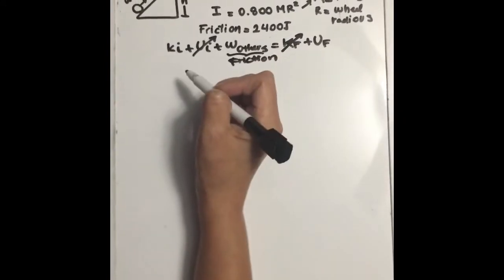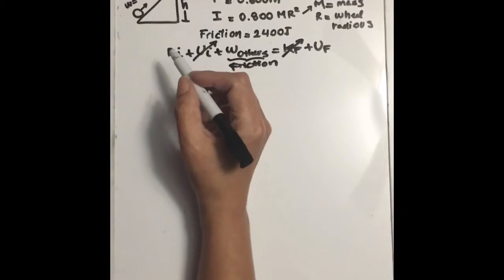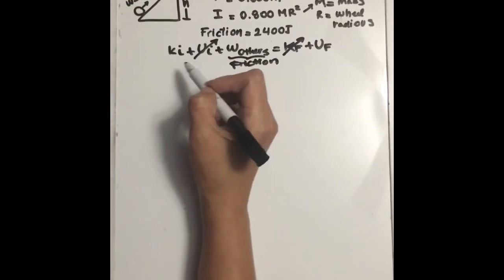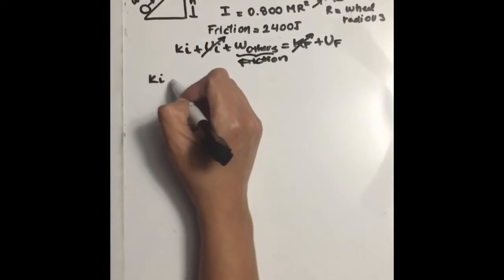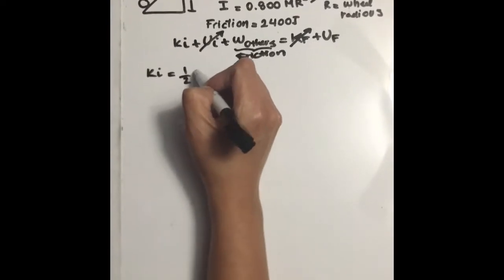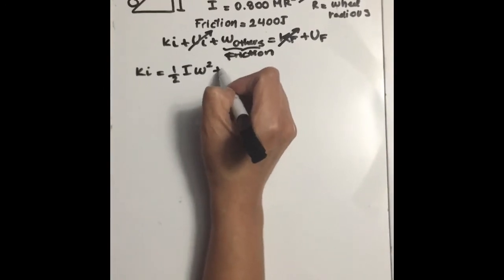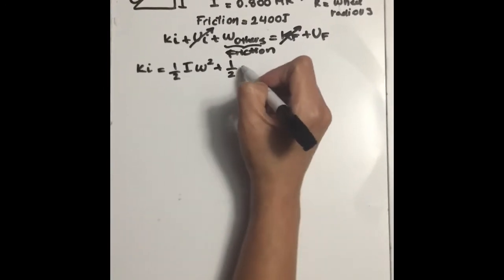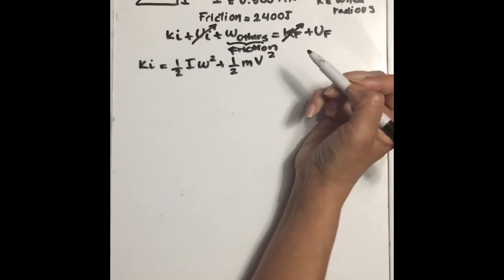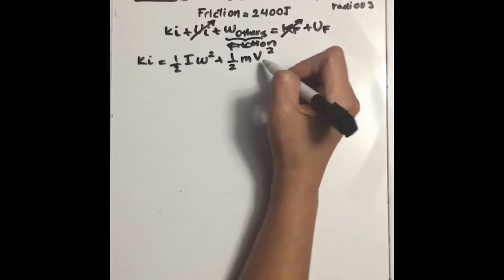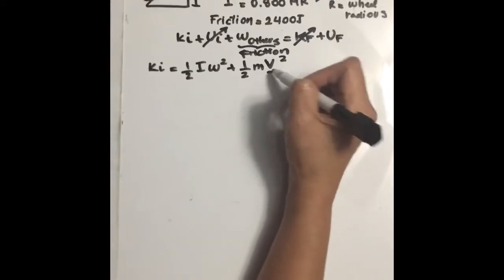Since the wheel, like I said, has translational and rotational motion, the kinetic energy goes like this. Kinetic energy initial is going to be 1/2 of the moment of inertia times the angular velocity squared plus 1/2 mass times linear velocity squared. Another thing that we need to change is the linear velocity.